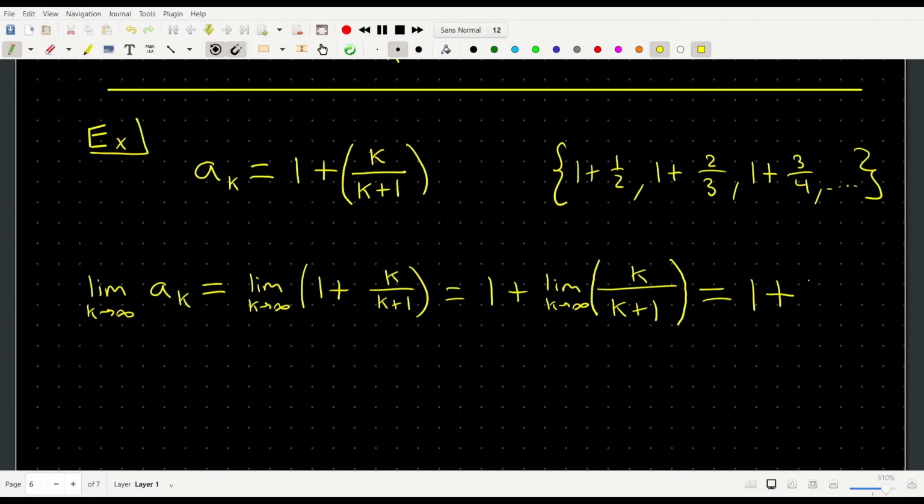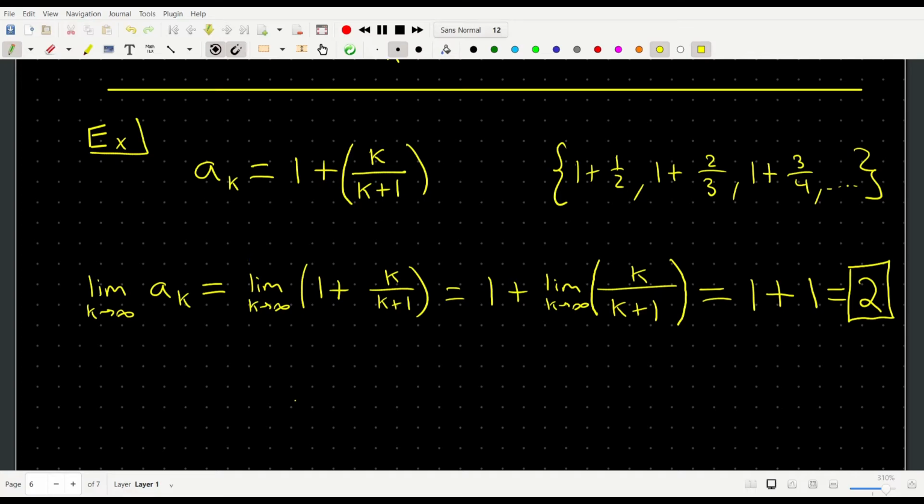So the limit of this sequence is in fact equal to 2. So I'll summarize these rules a little bit later on in the lecture. But what's really, really nice is that all of the familiar rules from calculating limits for functions are going to directly extend to limits for sequences, which is very cool.